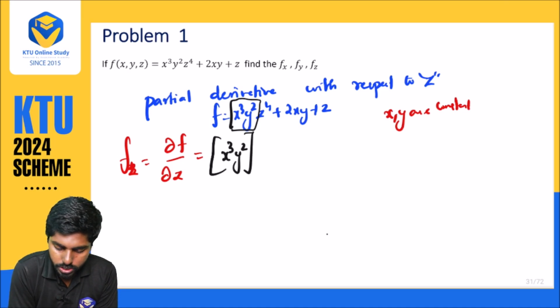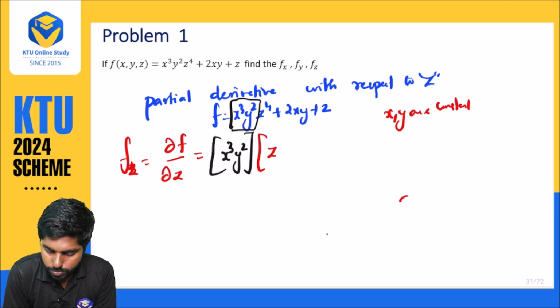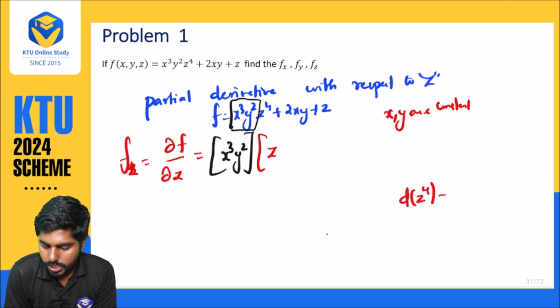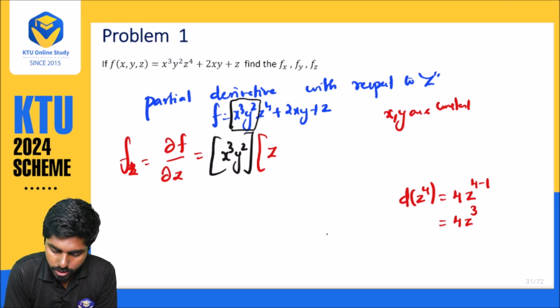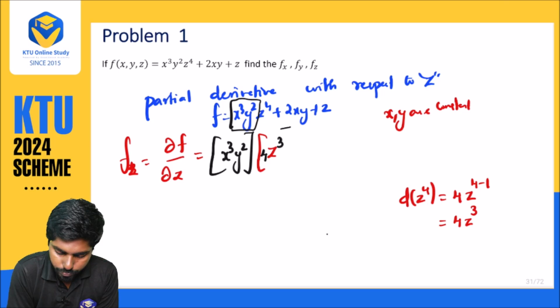So taking x cube y square outside, what is the differentiation of z power 4? It is 4 into z power 4 minus 1, so we get 4 into z cube.